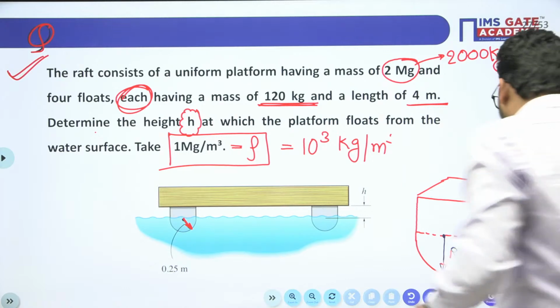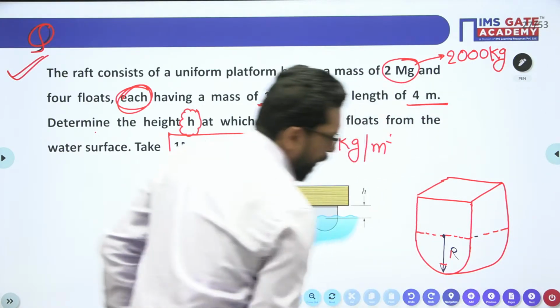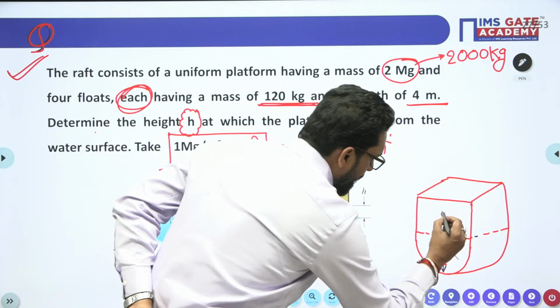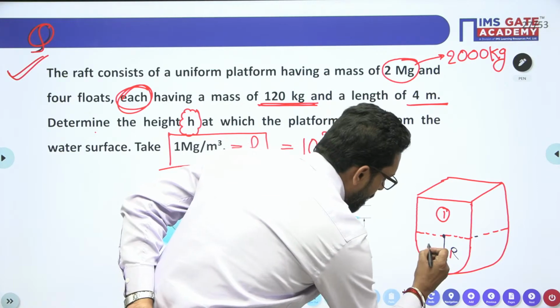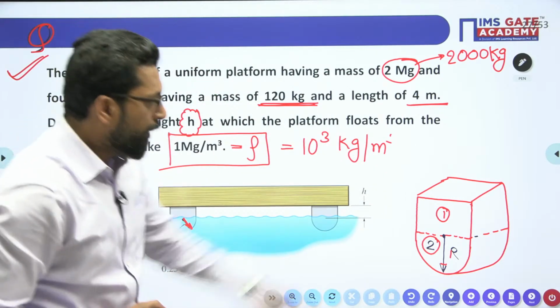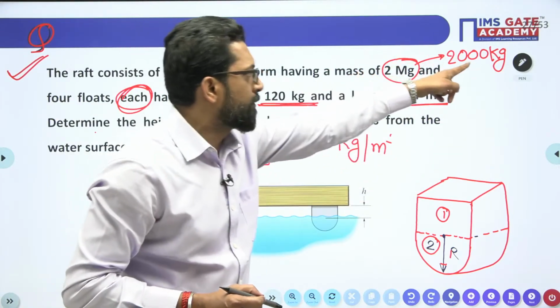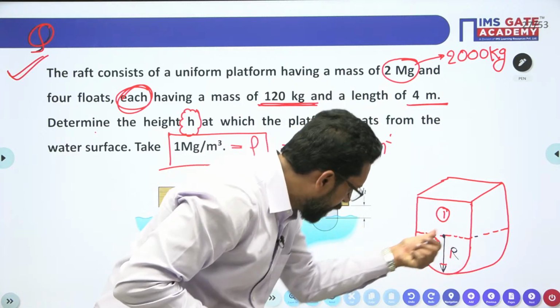That means one part is rectangle and other part is circular shape. So if we apply the weight, that means a mass on it, it may be fully submerged.